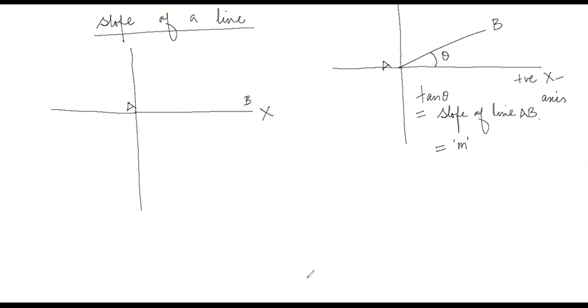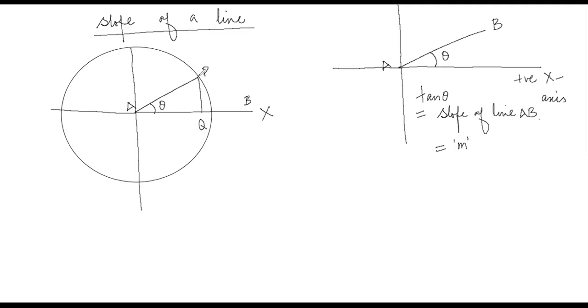Like in trigonometry, we have understood. Let's say you draw a circle here. Now guys, let's say initially you had a triangle A, P, Q. Now this is the angle theta.